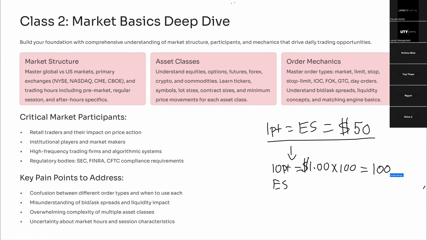But on ES, because it's $50 times 10 points, it would be $500. So this is just the reference that you want to go off of. Whenever we say there's a 10-point move on ES, it's going to move $1 on SPY on average. If you want to take this note real quick, I'll give you a second.